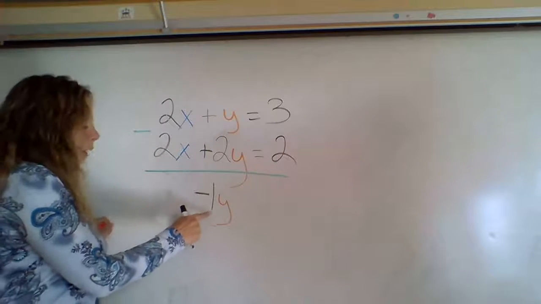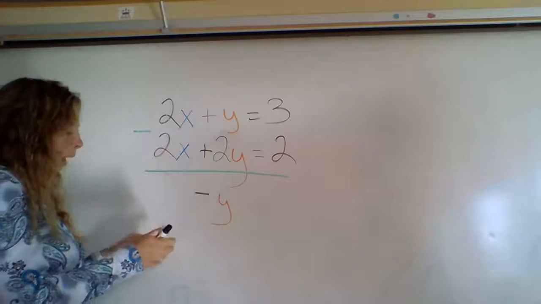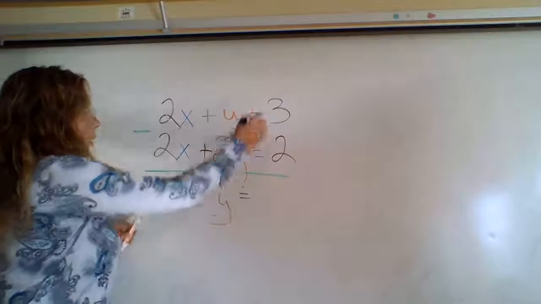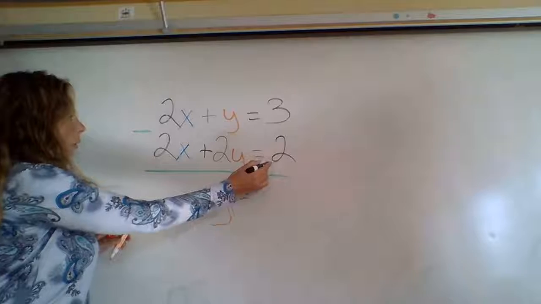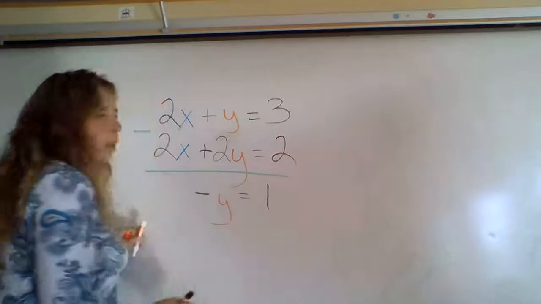You do not need to write in this 1. Remember, it's invisible, so you can just leave it as negative y. If you want to write in the 1, go for it. Equals 3 minus 2, which is 1.